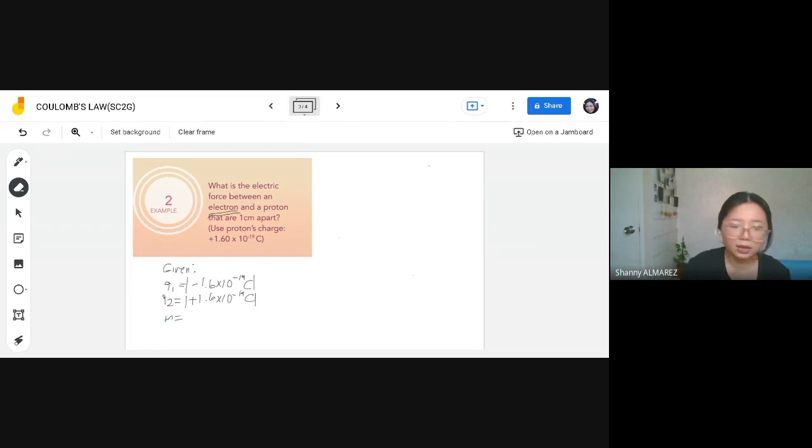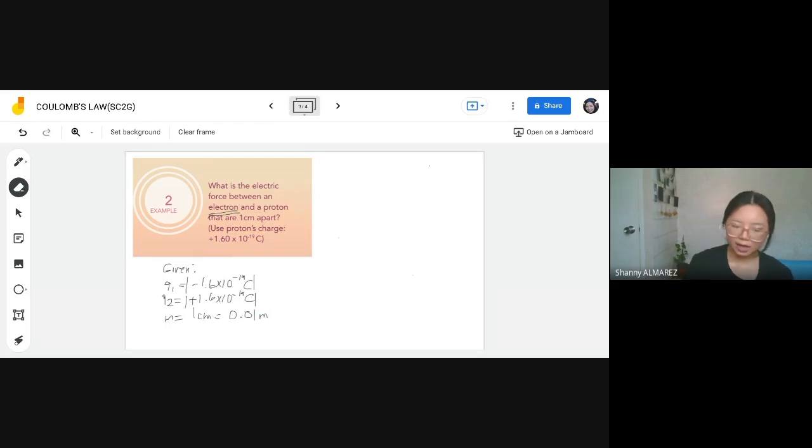Sabi dyan, 1 centimeter. Is it in the standard unit? Hindi pa. Ilan ang equivalent niya if we will use meters? So, 1 centimeter is equal to blank meter. Okay, so ang centi, it's 10 raised to negative 2. So, if we use the standard form, you will arrive at 0.01 meter.